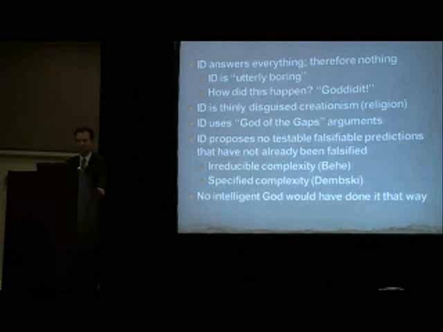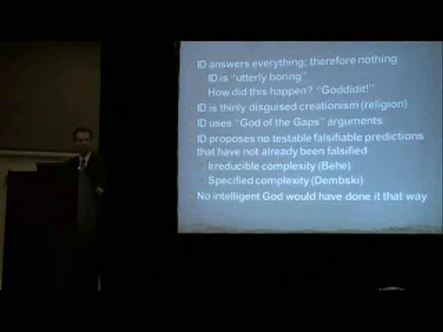The next argument is intelligent design uses the God of the gaps argument, which is a logical fallacy, and therefore it's non-scientific. And the next one is intelligent design proposes no testable, falsifiable predictions that have not already been falsified. For example, irreducible complexity proposed by Behe a few years back.